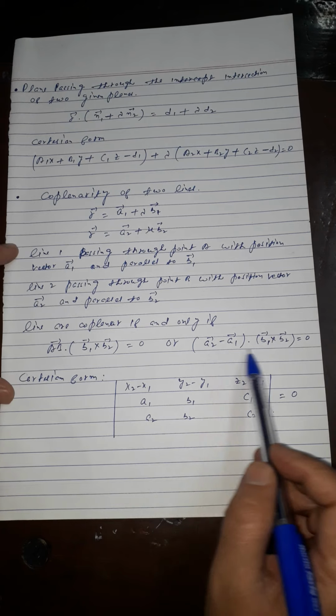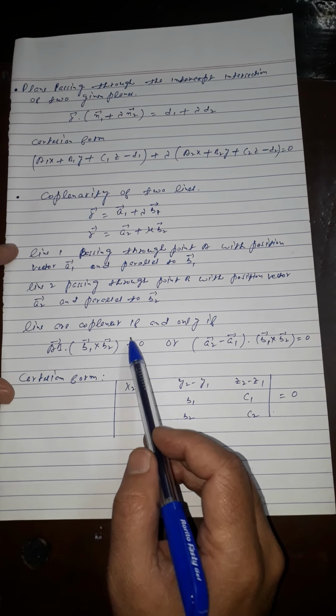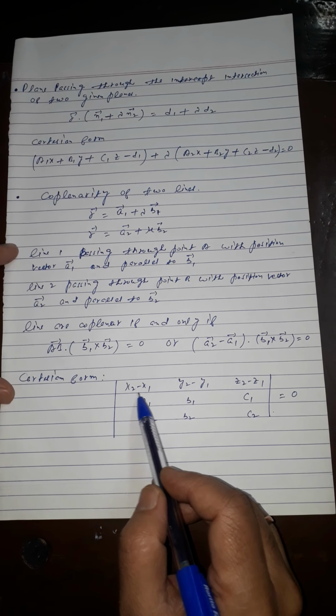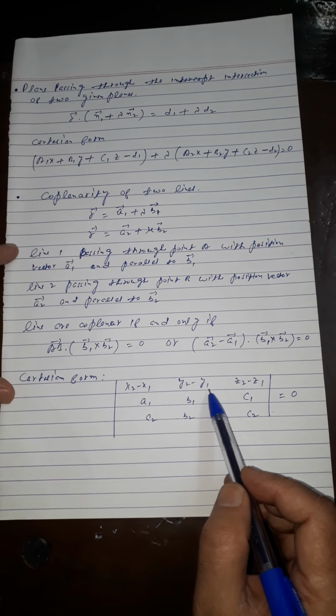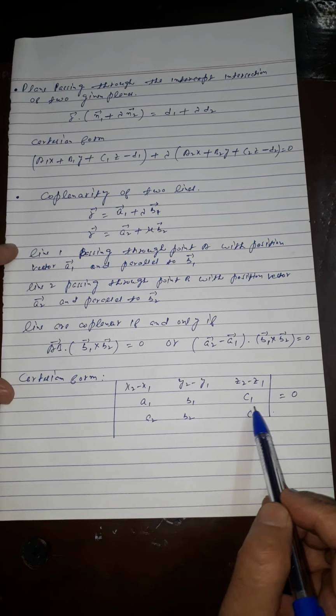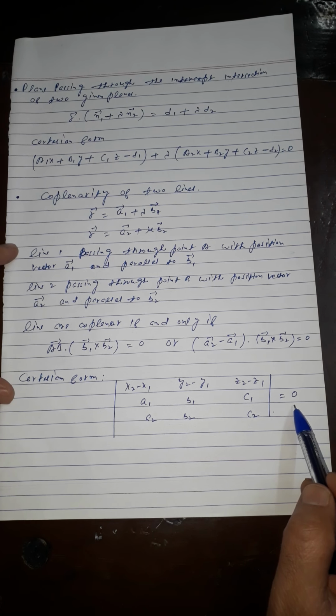If this condition is satisfied, then we say that the lines are coplanar, and its Cartesian form is the determinant with rows x2 minus x1, y2 minus y1, z2 minus z1; a1, b1, c1; a2, b2, c2, equal to 0.